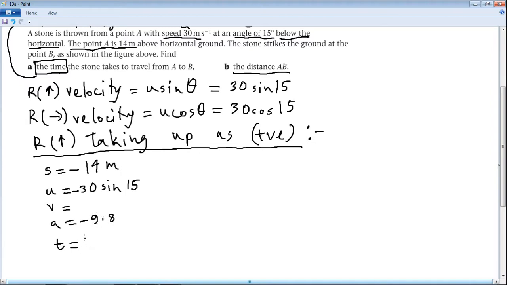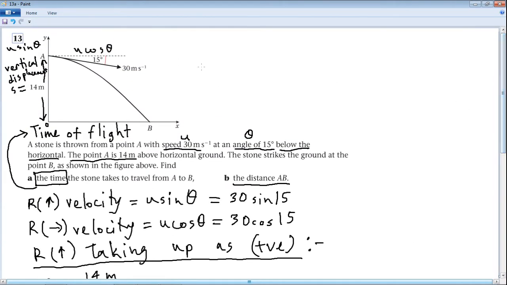T should be the time of flight. Why? Because vertically, A to O is the total time taken. Vertically it has gone downward, so it is the total downward time, and the horizontal time will be equal, since there is no external force, like wind.